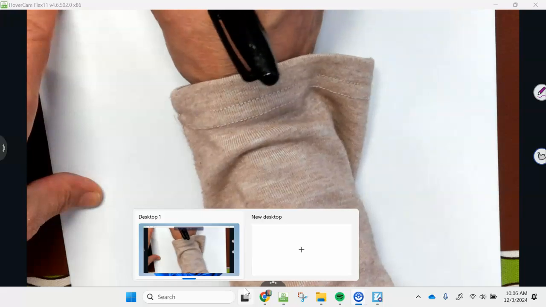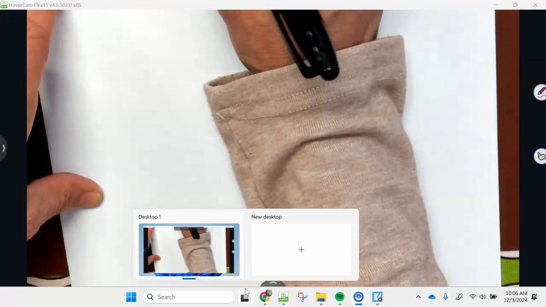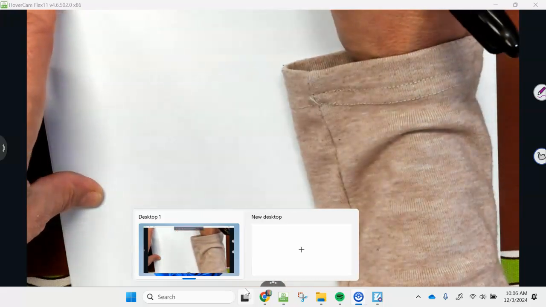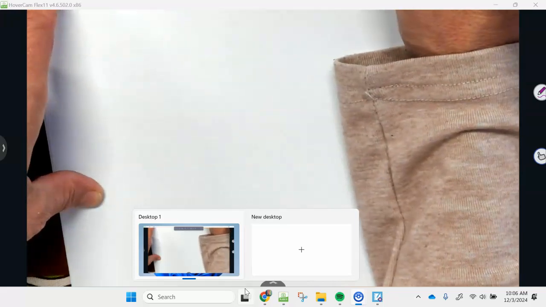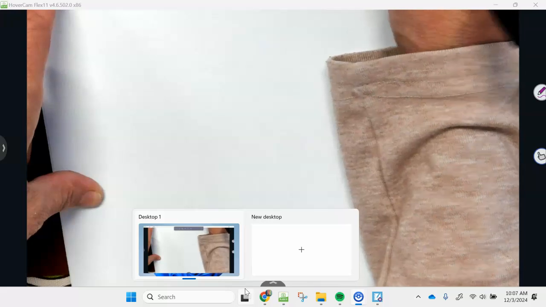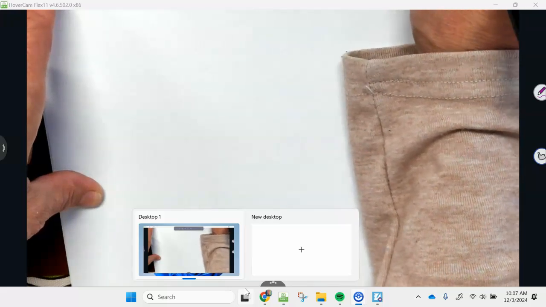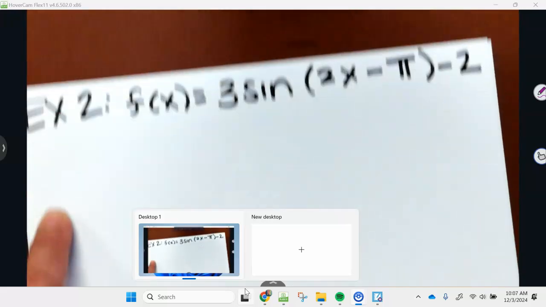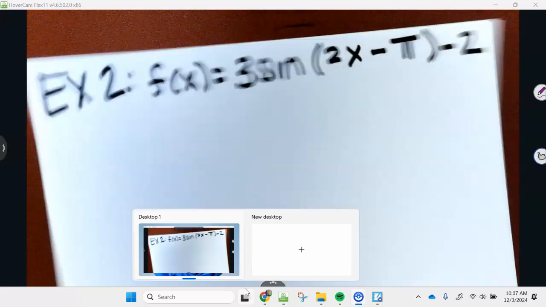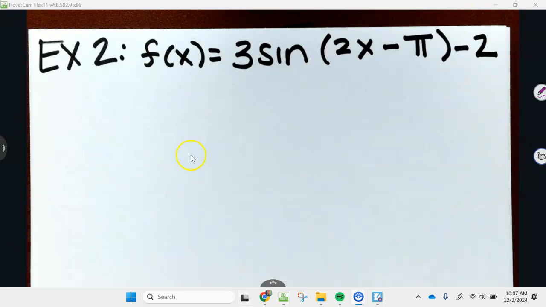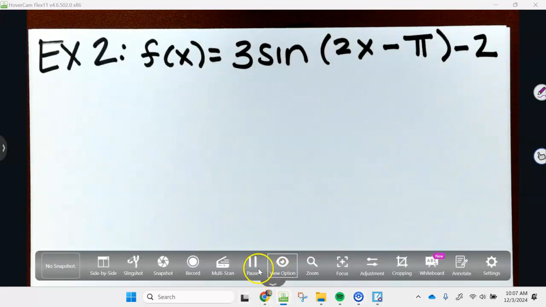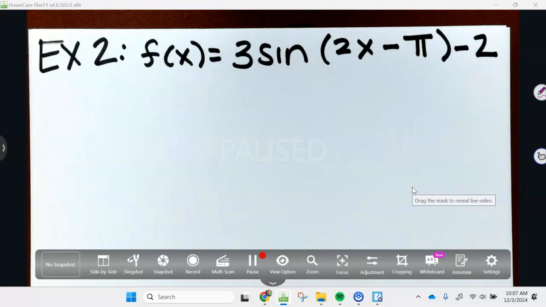So f of x is going to equal 3 sine, and in parentheses write 2x minus pi minus 2. Thank you. Sorry, guys. I'm going to pause my screen. I got to get this cleaned up.